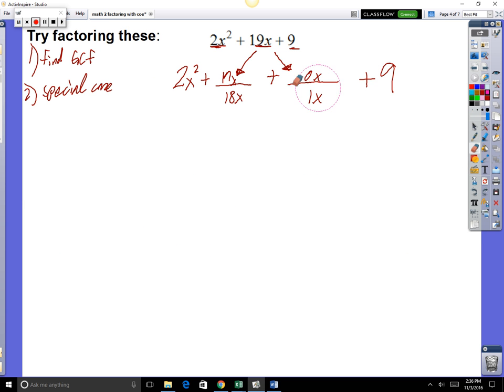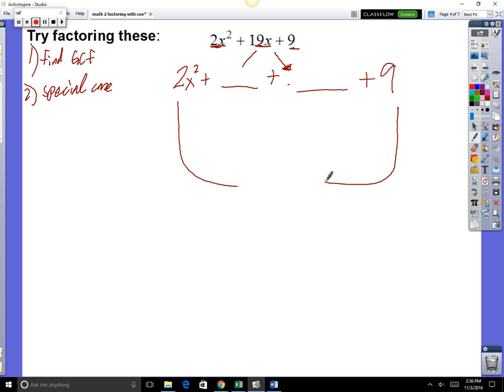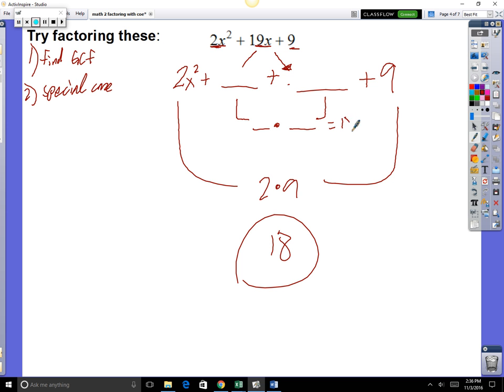To find out what 2 numbers these were in the middle, we're going to take the first times the last. 2 times 9. Okay, that is 18. I know that this guy, whatever it is, times this guy, whatever it is, has got to also equal 18.